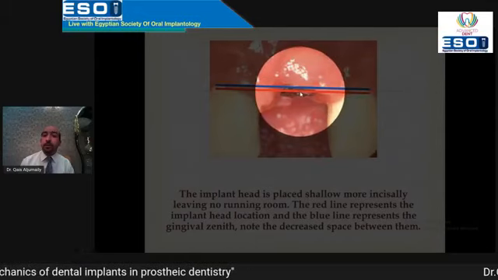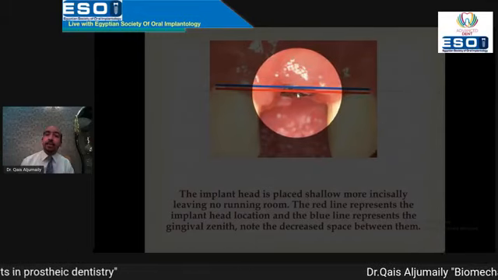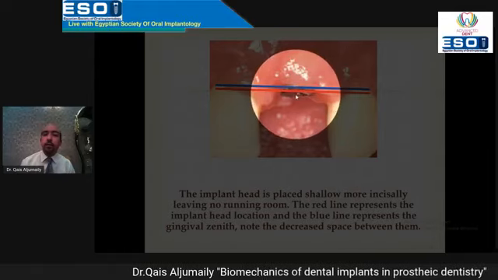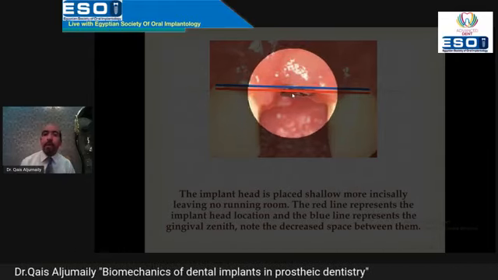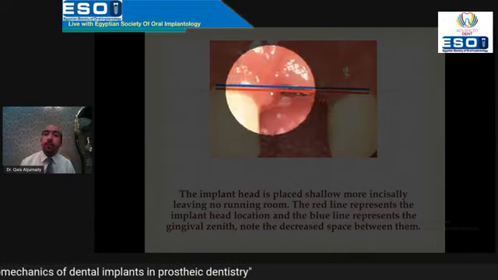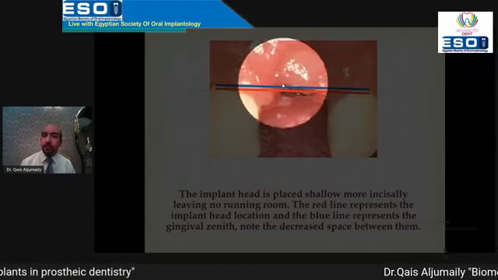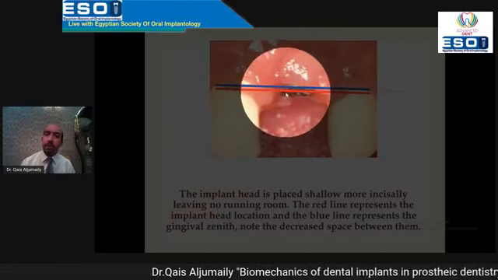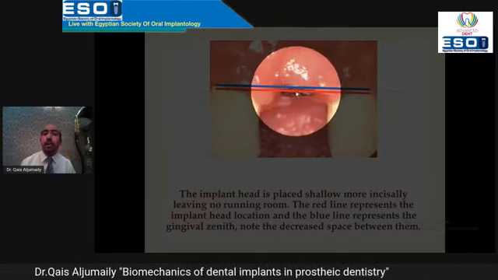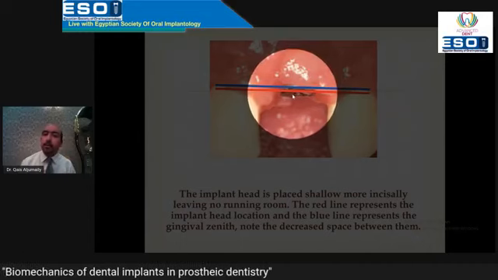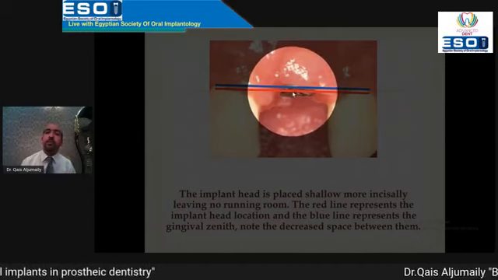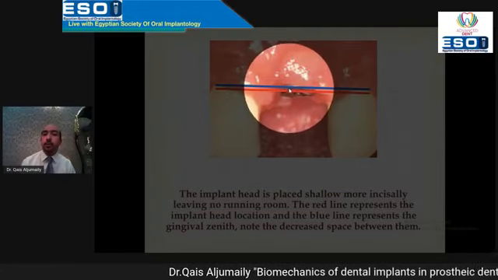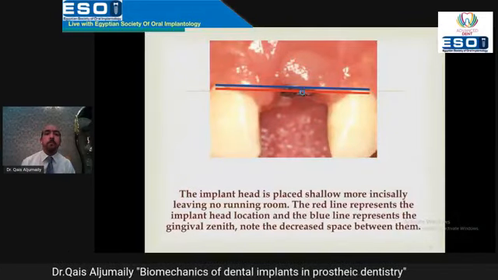If we didn't put the implant head in its optimum position inside the bone, the result will be metal appearing in this area after putting our prosthesis. We have to hide our metal, regarding the implant and the abutment, subgingivally as much as we can for aesthetic considerations.